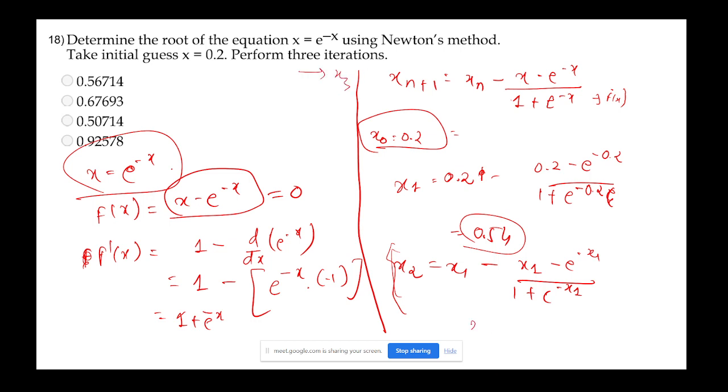So x3 will be x2 minus (x2 minus e raised to minus x2) upon 1 plus e raised to minus x2. If you substitute the values and do two more iterations, the answer will come out to be 0.56714. So A is the correct answer. You can cross check and do it on your own.